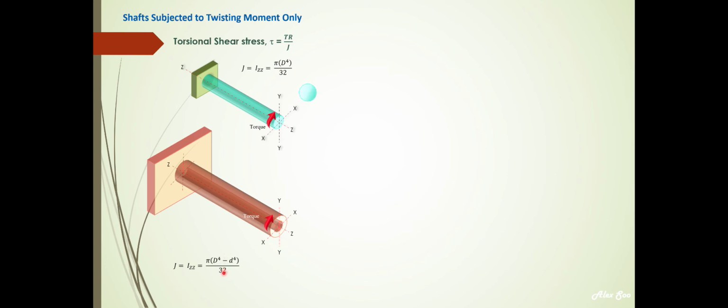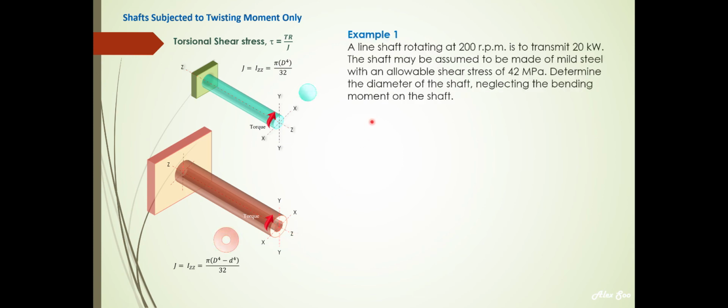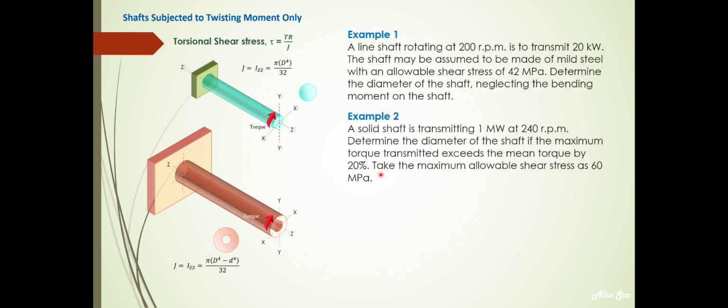Okay, and it is divided by 32 and is not 64. Remember, you are taking it about the z-axis. Okay, so here are the examples that will be shown in the later slides.